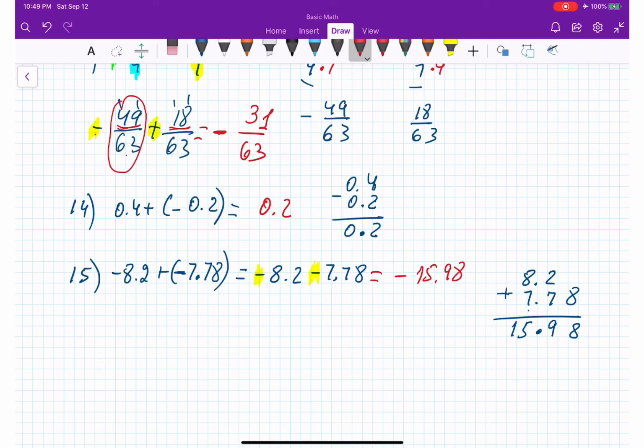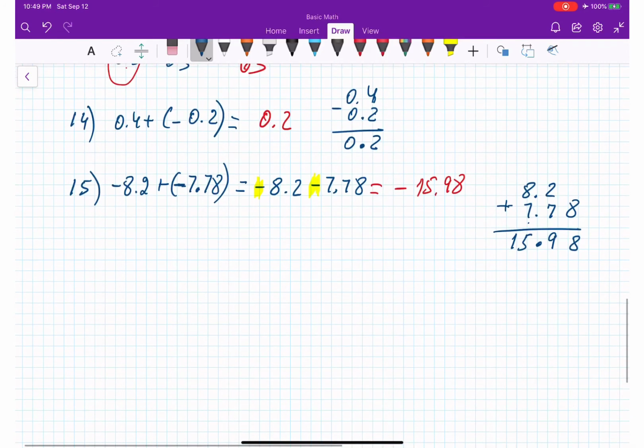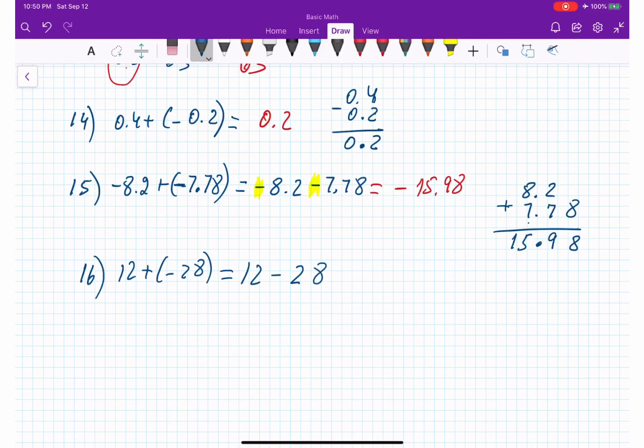Number 16. 12 plus negative 28. Okay, since we have plus here and then negative, I can throw away this plus. 12 minus 28. So 12 is positive, 28 is negative. When signs are different, what do we do?